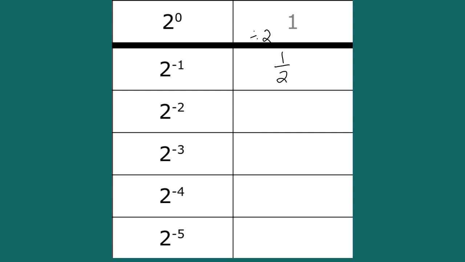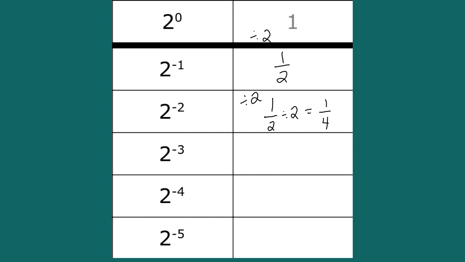So I'm left with 1/2. What happens if I divide by 2 one more time? Well, that would be 1/2 divided by 2. And 1/2 divided by 2 is 1/4.